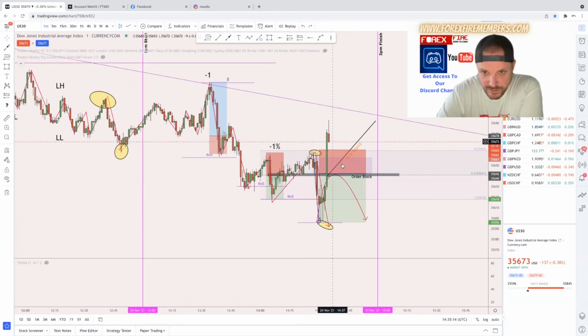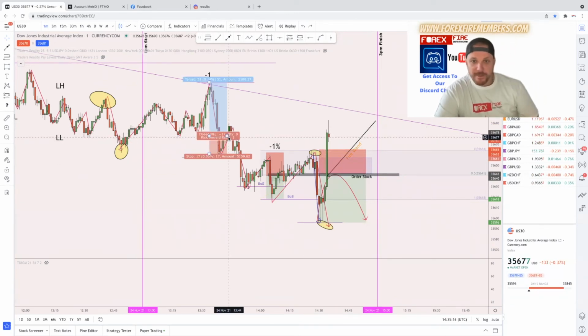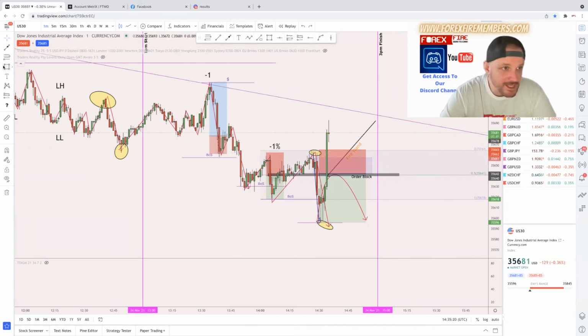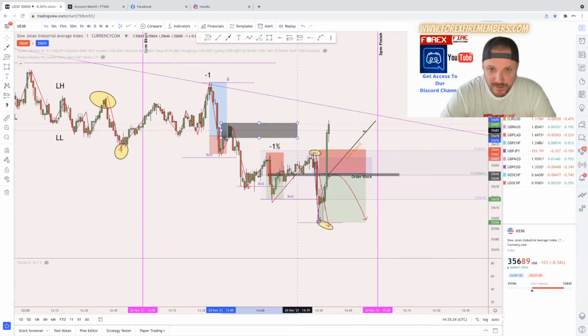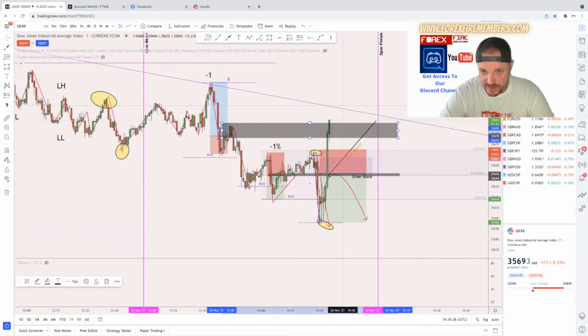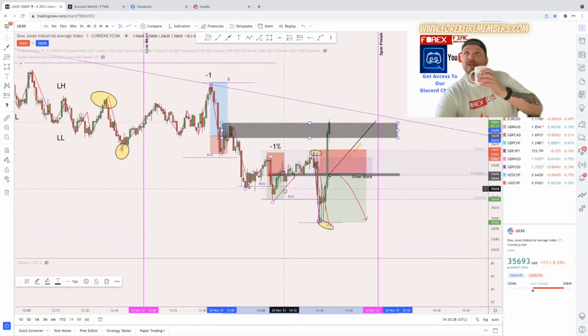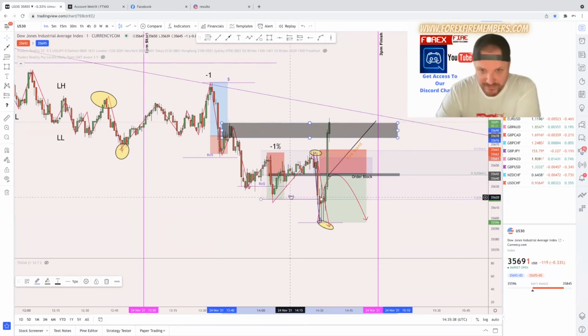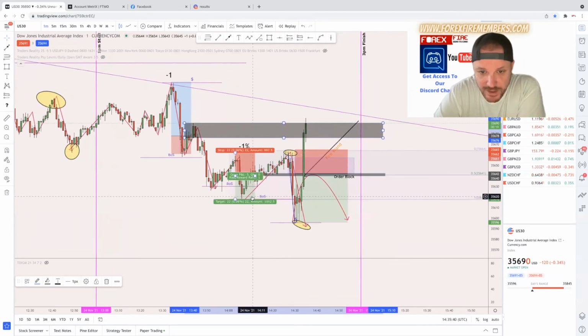It's not going to let us go right the way back. Even on this order block here, okay, it's pushed through that order block. So this is making a move now. The US30, it's just after 2:30. This is when you normally find US30 will make a move, to be fair.